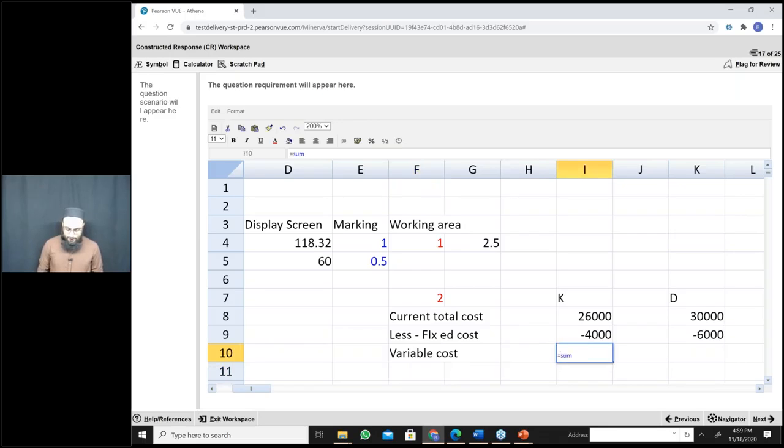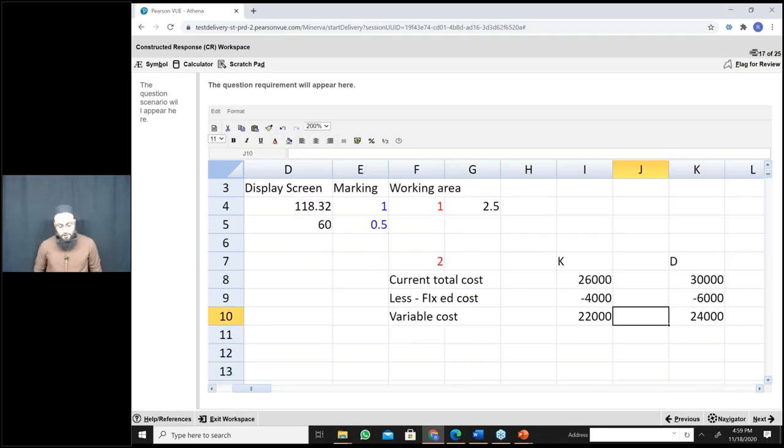Okay. So 22,000 and 24,000. Okay, are you with me, guys? So I hope this is clear to all of the friends. So now it's a pure variable cost in front of you. Is that clear?